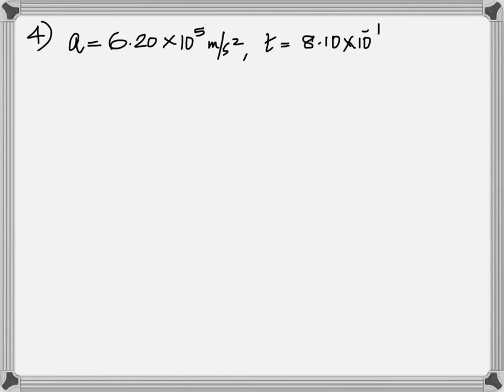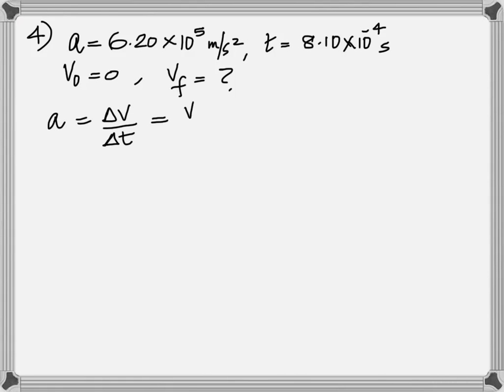In the fourth question, the initial velocity of the bullet is 0. The acceleration is given really high. The time is small. You've got to find the final velocity. Again, use the formula for acceleration.